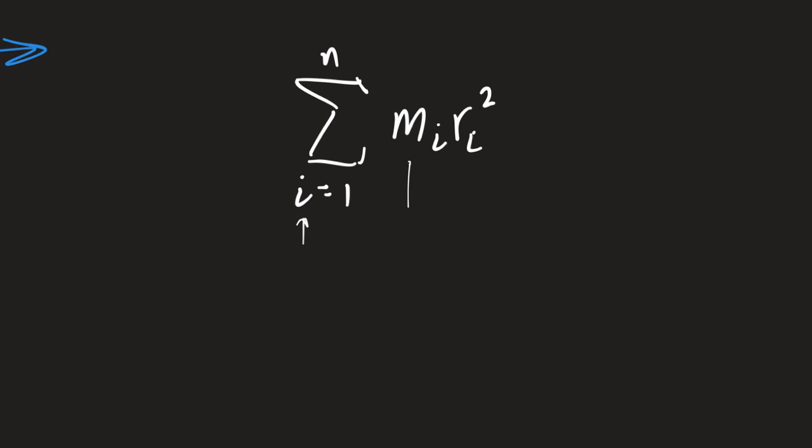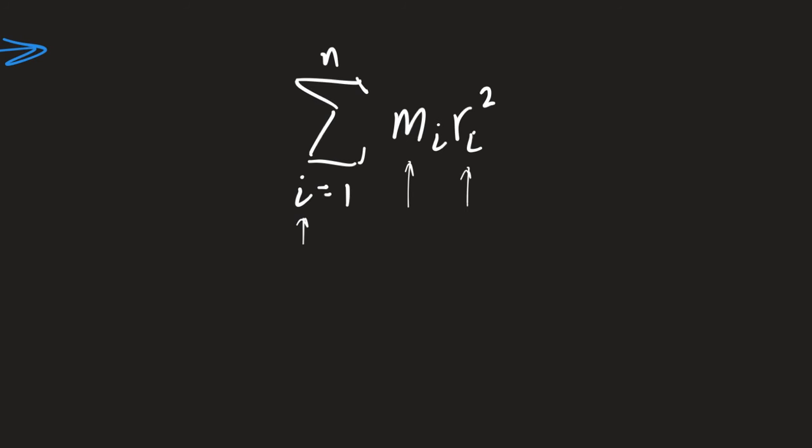We're going to take each object's mass and each object's distance from the axis of rotation, square the distance and multiply by the mass. We're going to start with object 1 and go to each of the objects until we reach the last object. That's all this is saying.